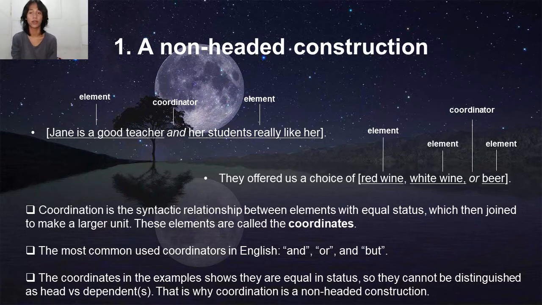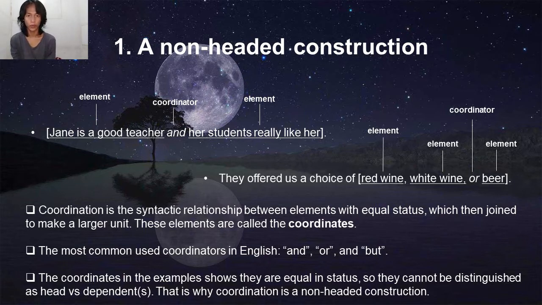Coordination is the syntactic relationship between elements with equal status which join to make a larger unit. And these elements, the red line and the white line here, are called the coordinates. The words and, or, and but are the most commonly used coordinators in English.